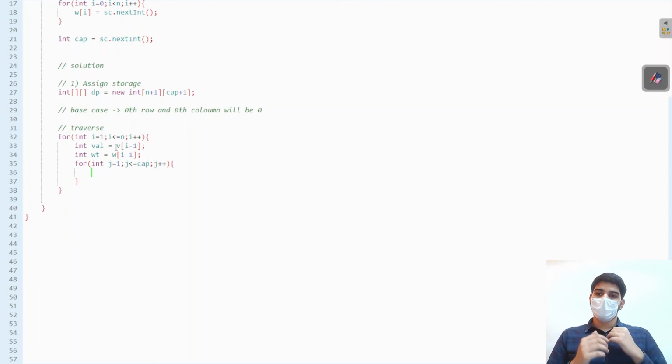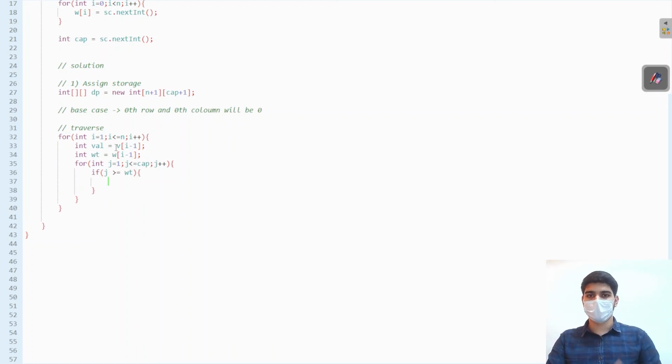Now, what we have to do is check if my j, which is the current capacity, is greater than or equal to my weight. If my current capacity is greater than or equal to my weight, then only I can include myself.